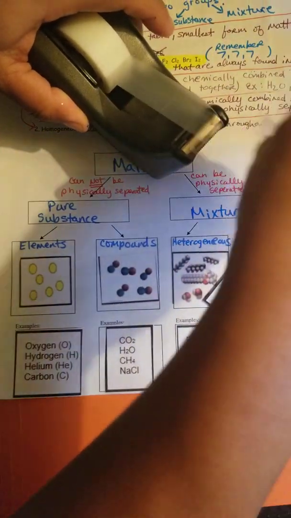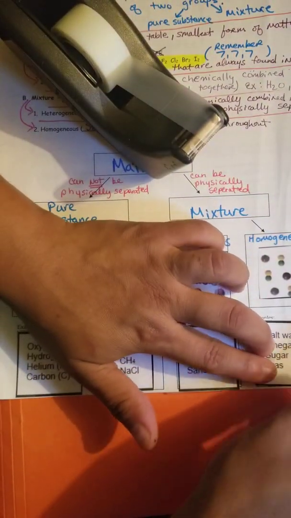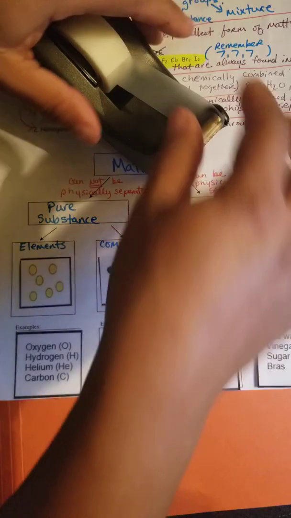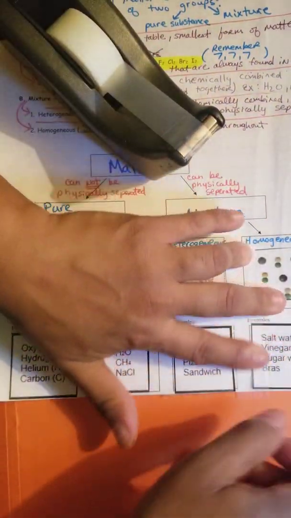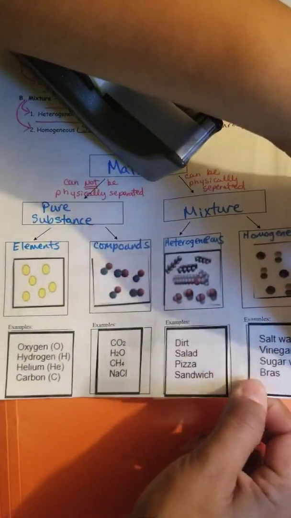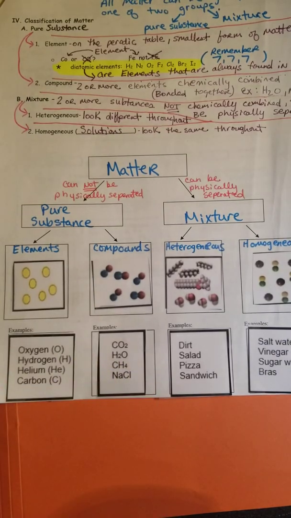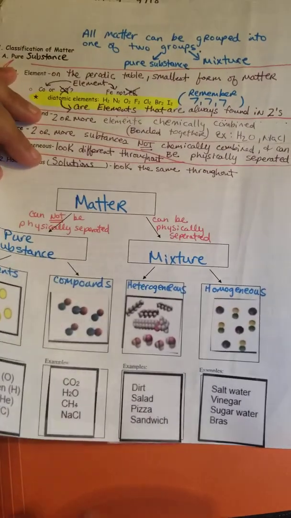And then the last one, which is our homogeneous mixture, which is the same throughout. There we go. Okay, let me move that out of the way. Now let's turn the page. We're almost done.